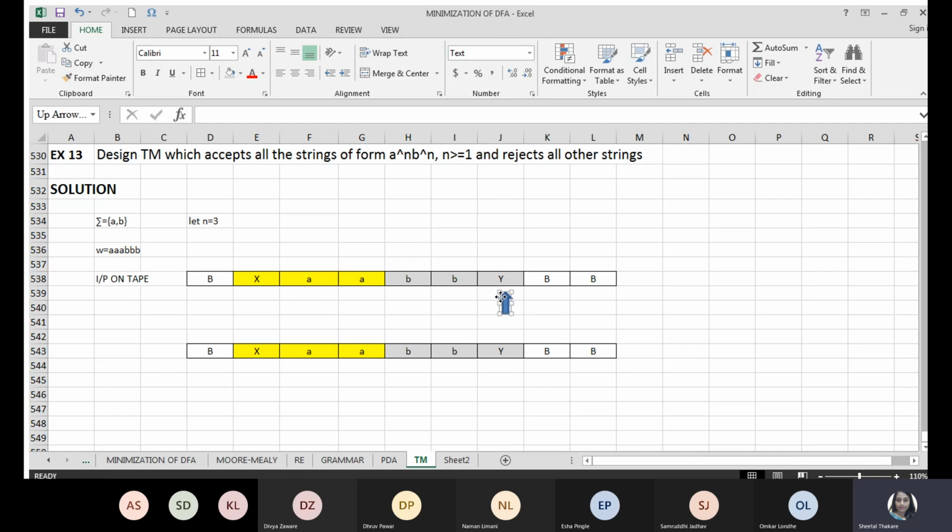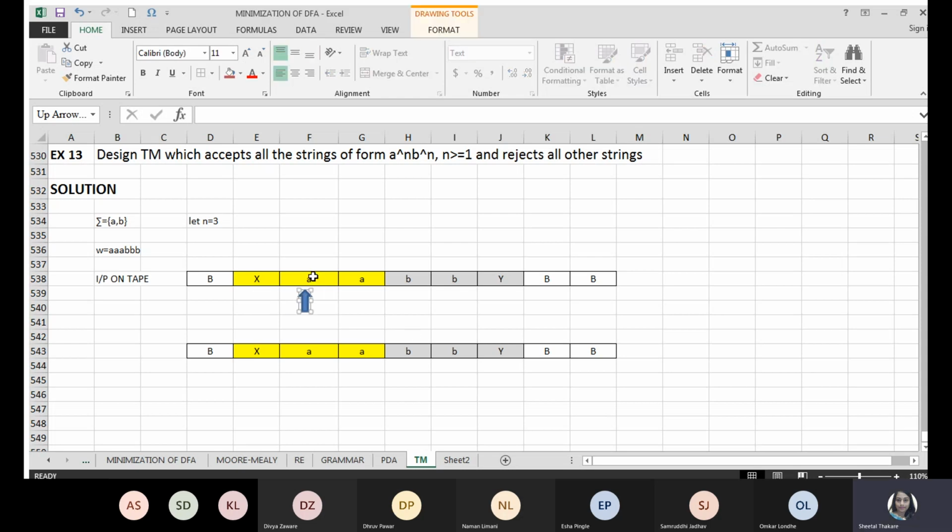Now you will move to leftmost end in search of this A. How you will locate this A? You will keep moving towards left till you encounter X. As soon as you encounter X, you will go to its right.